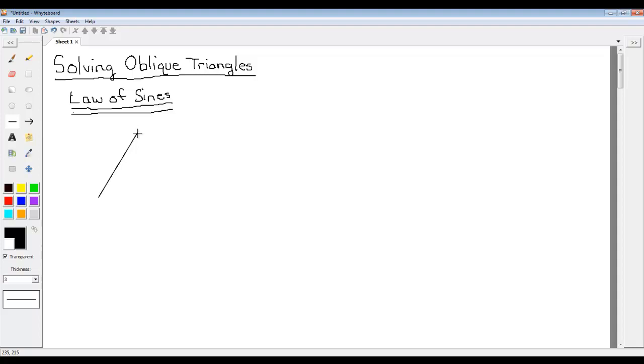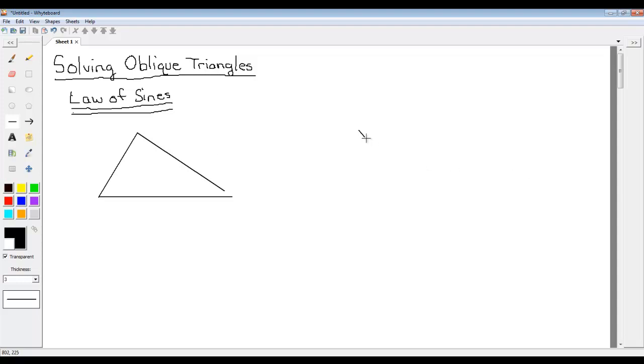Actually, I'm going to end up sketching two, because I want to show you that this law works in either situation. I'm going to have to touch that up in a minute to finish connecting the dots.